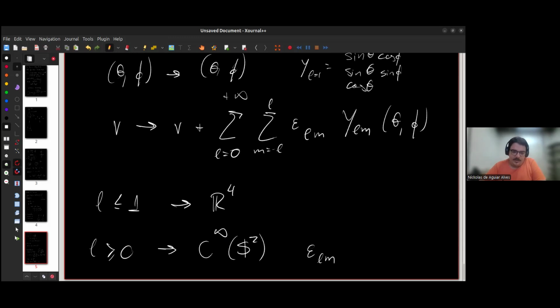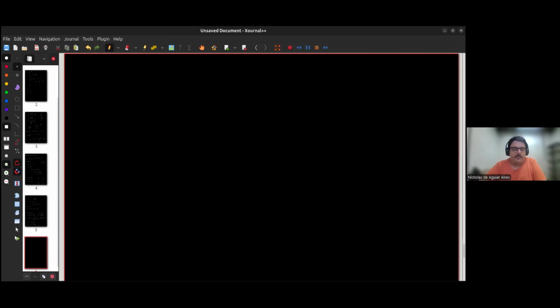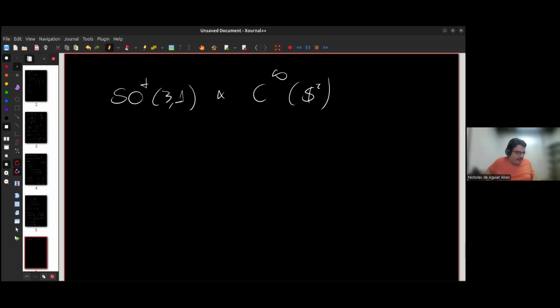So if I allow for this, if I let you consider this larger group of transformations, what I'm actually going to find is this group SO(3,1) times infinity S2. And so far, this is just some play with how exactly I'm defining those transformations. And this doesn't really mean anything.